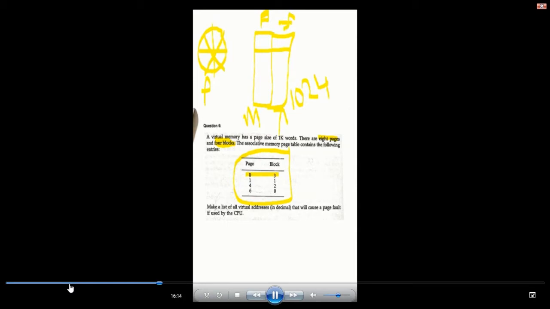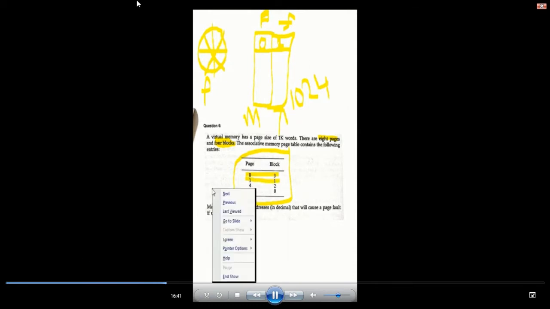Now it will be written here as page 0. So this is page 0 present in frame 3. That is block 3. So in memory, you have to go to block 3 and get the frame. This frame actually has page 0. Similarly, page 1 is present in block 1.